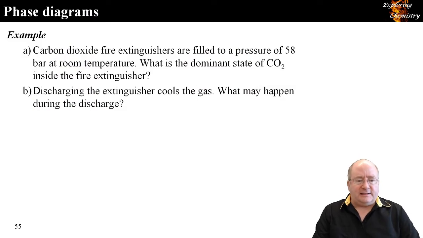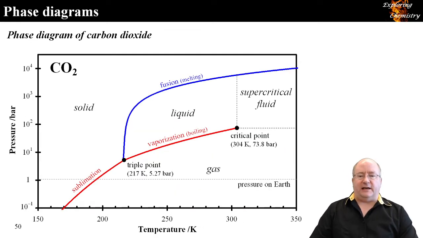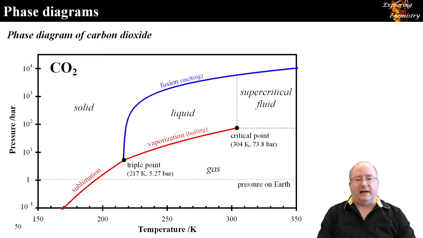So last day we were looking at phase diagrams, and we had finished off the discussion on phase diagrams. This is a typical phase diagram. This is actually one of the simpler phase diagrams where there is solid, liquid, and gas phase.